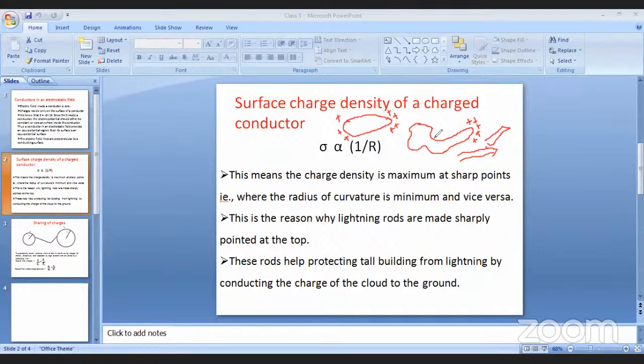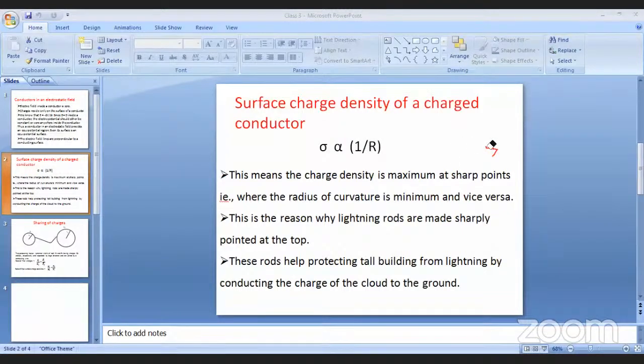This is what action of points is all about. Nothing new, you all might have studied these things. So this is what surface charge density of a charged conductor is all about.